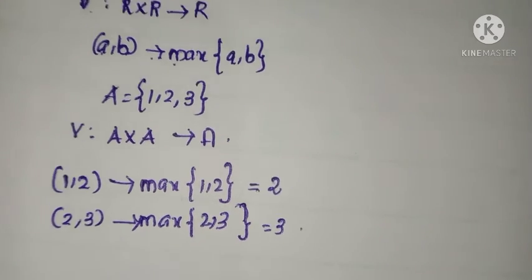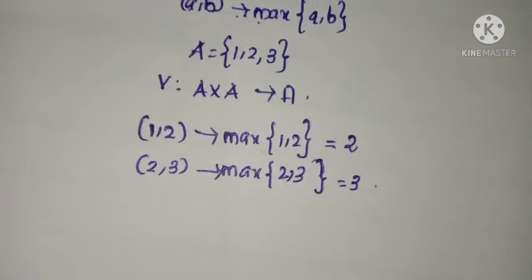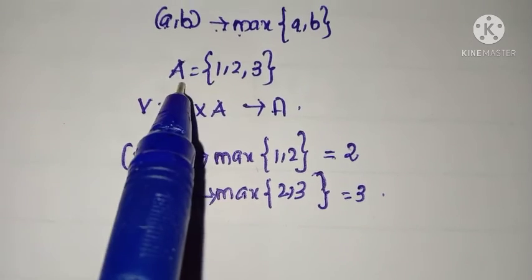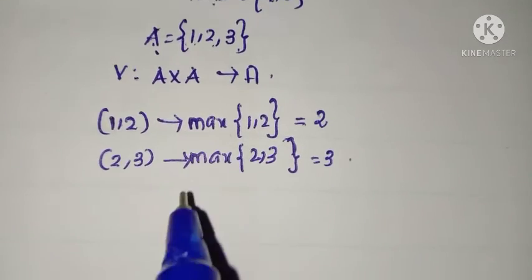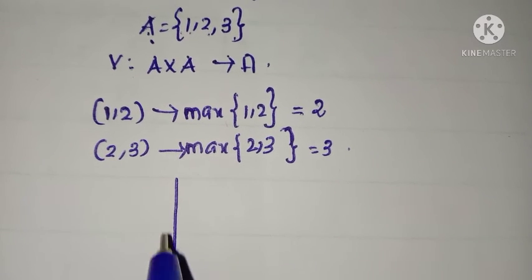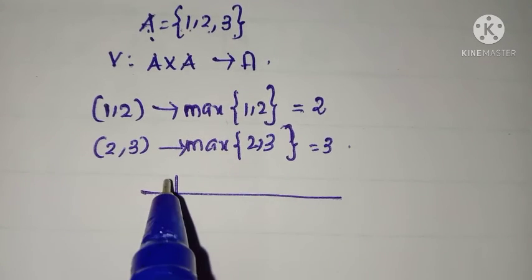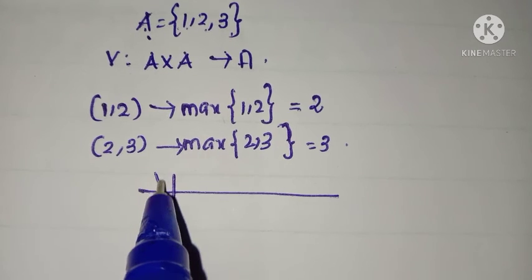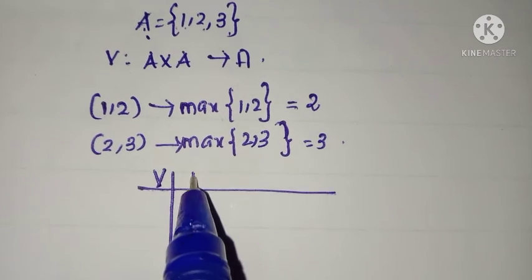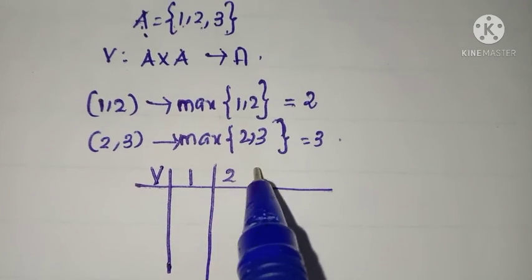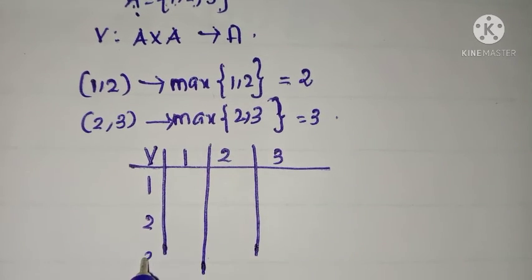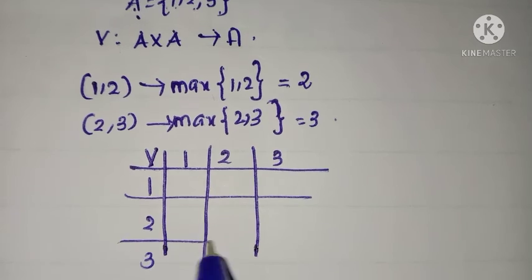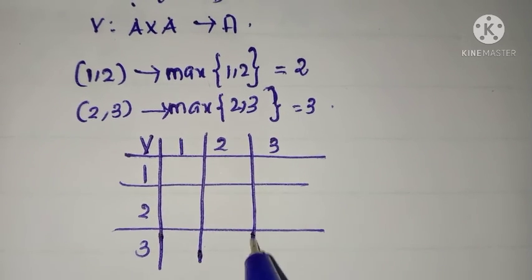Similarly, we can define all the pairs of the elements of the set A equal to {1, 2, 3}. So using this concept, we can form the binary operation table. So here we write the operation join and write the elements 1, 2, 3. Here also 1, 2, 3. These are the elements in the set A given.